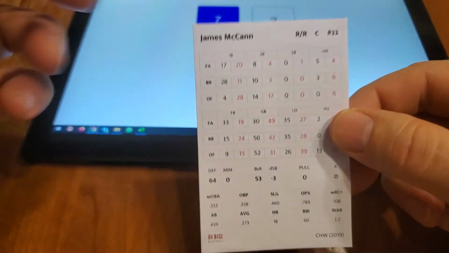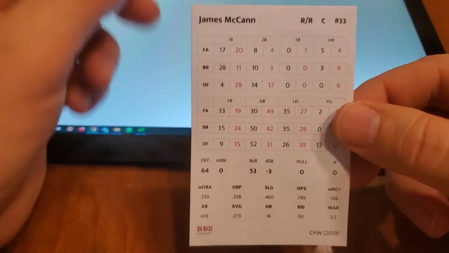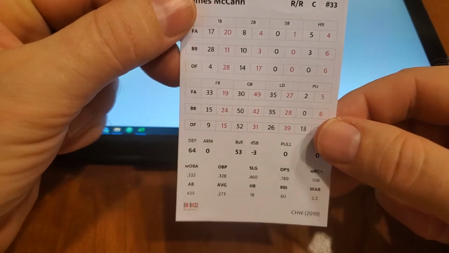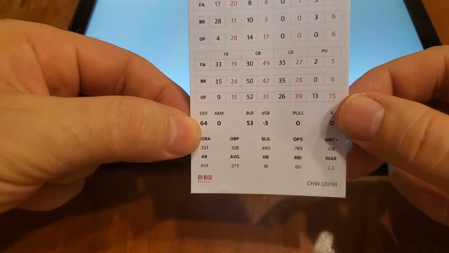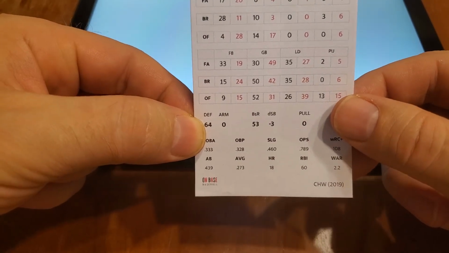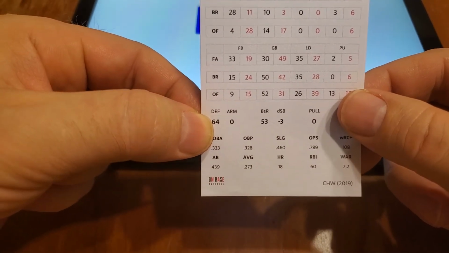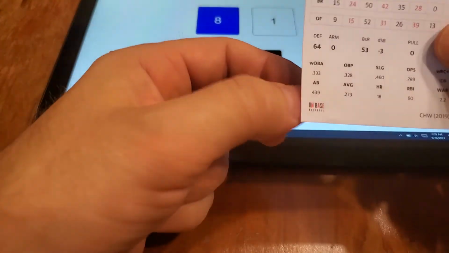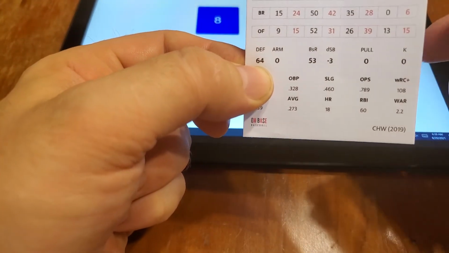So on a wild pitch, let's say this was 100. We need to determine, was that on the pitcher or was that on the catcher? And the way we determine that is we look at the catcher's defense rating. So his rating is a 64. And we would roll, and if it's 1 to 64, then it's a wild pitch.